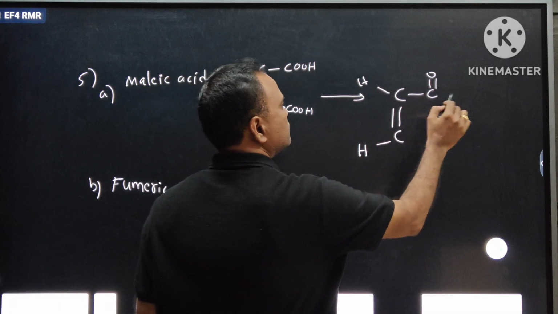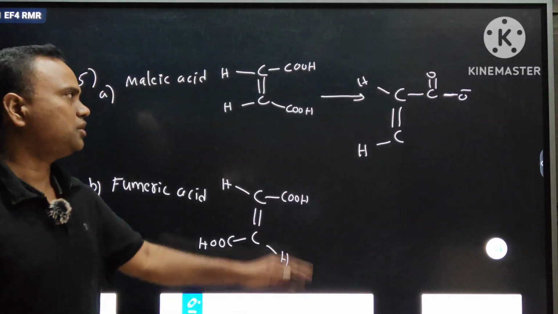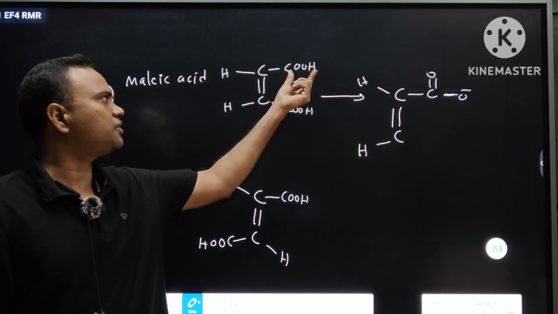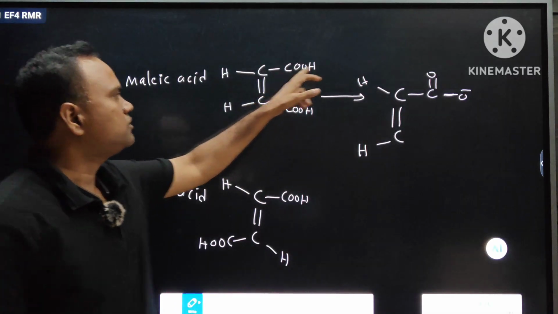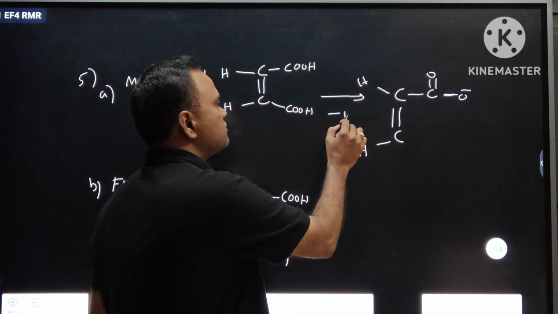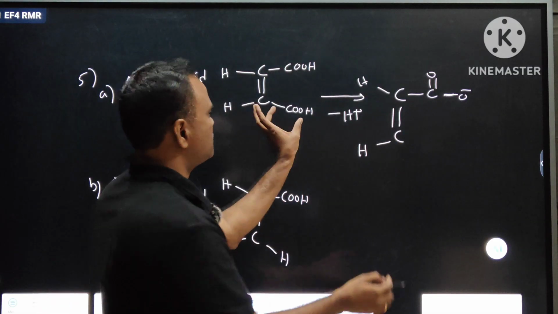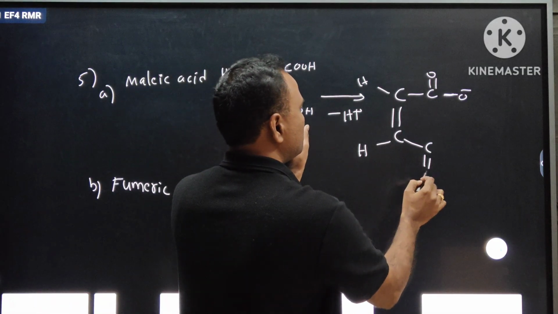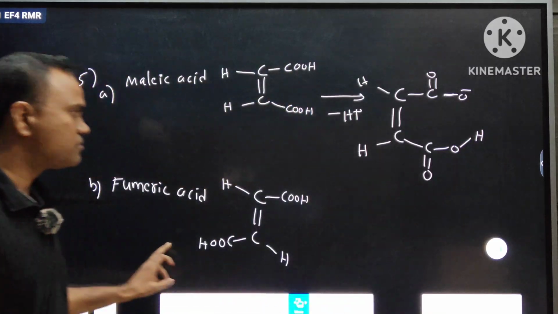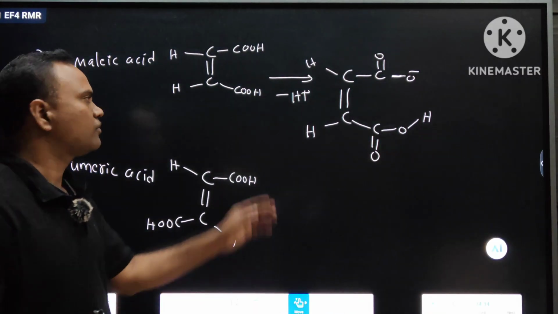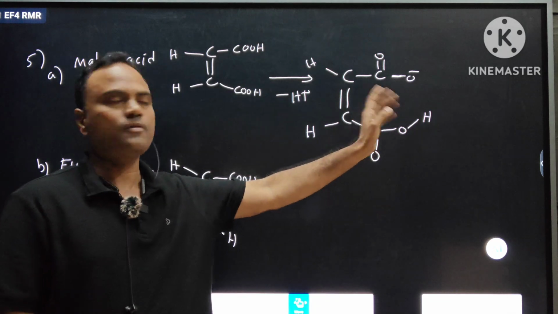C double bond O negative. Assume one H is leaving from this COOH as H plus, so minus H plus, COO negative. Next, write this as it is, C double bond OH.